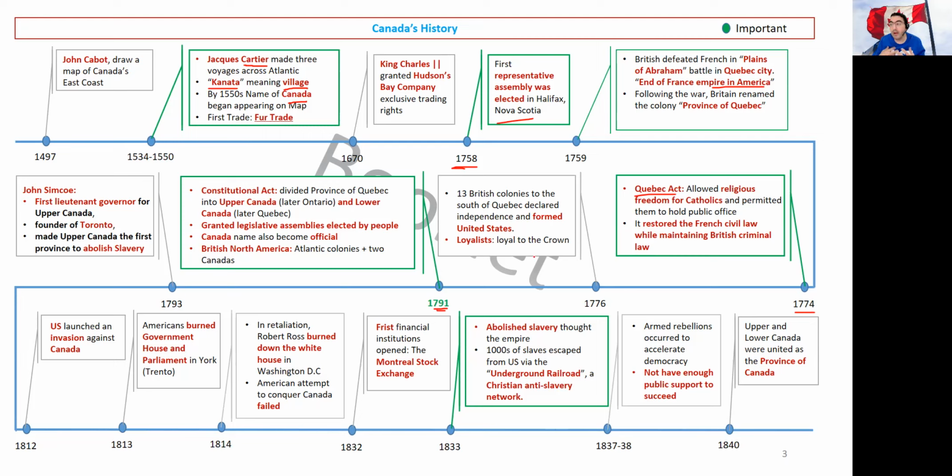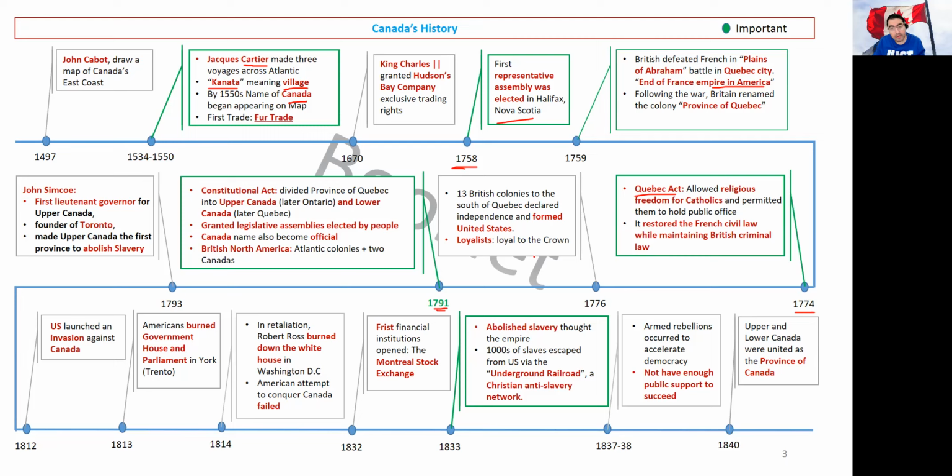But another group of British colonists, who were loyal to the British crown, the queen or the king at that time, said no, we will stay in North America, and they formed Canada. They were called Loyalists because they were loyal to the crown.